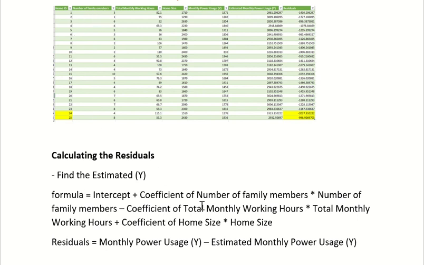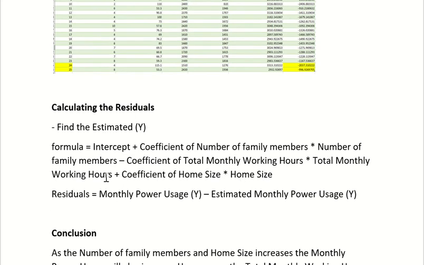So it will be 3, minus the coefficient of total monthly working hours times the total monthly working hours, which is 82.1, plus the coefficient of home size times home size, which will be 1710.